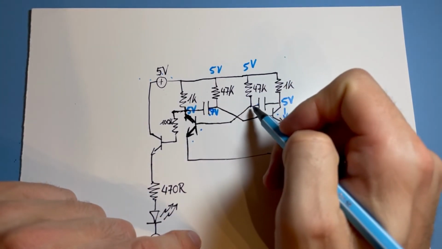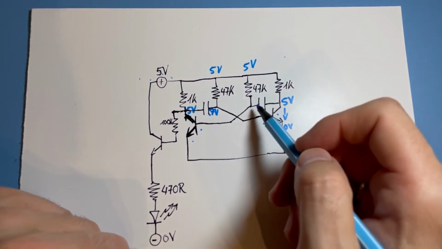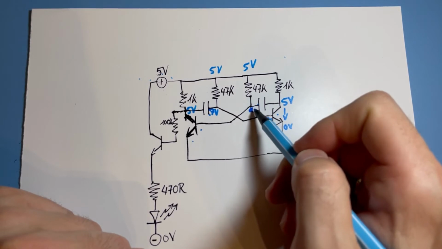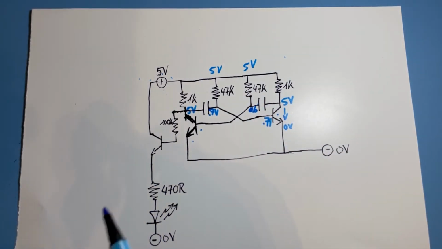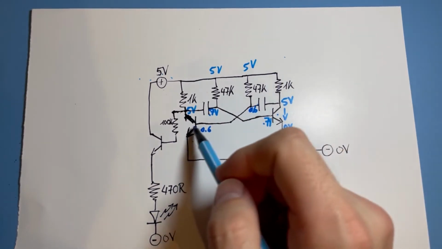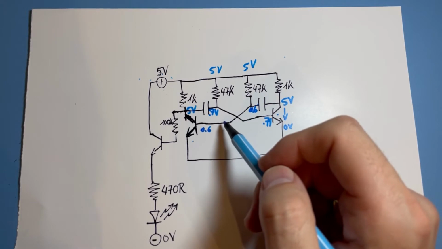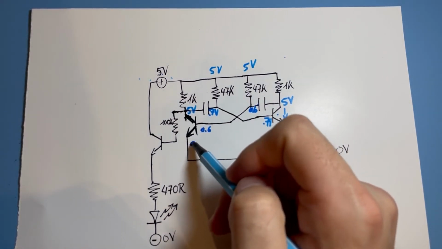So let's say this didn't quite make it as fast to 0.7. This capacitor was at 0.6 volt in blue. And of course, then we have also 0.6 volt here because there's the same potential at every part of the wire. And then this is of course at 0 still.